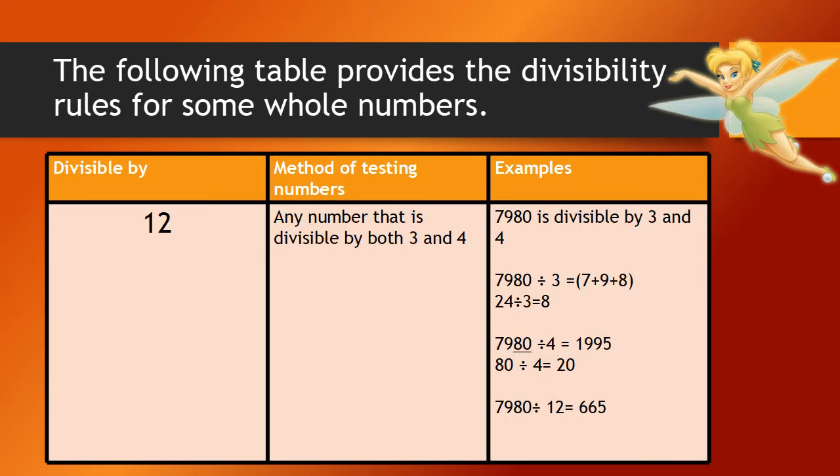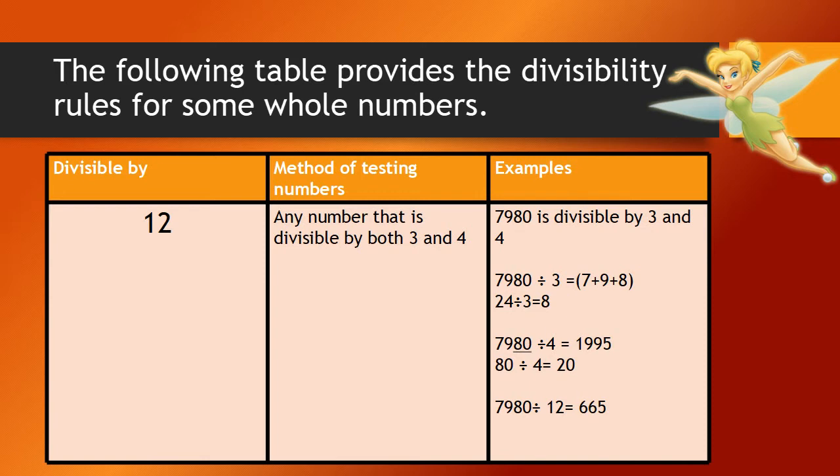Divisible by 12. Any number that is divisible by both 3 and 4. Examples: 7,980 is divisible by 3 and 4. 7,980 is divisible by 3 because if you add the digits, 7 plus 9 plus 8 is 24, which is divisible by 3. 24 divided by 3 is 8.